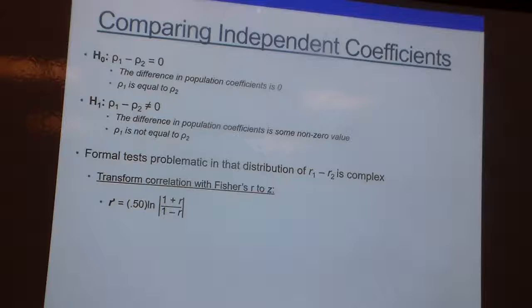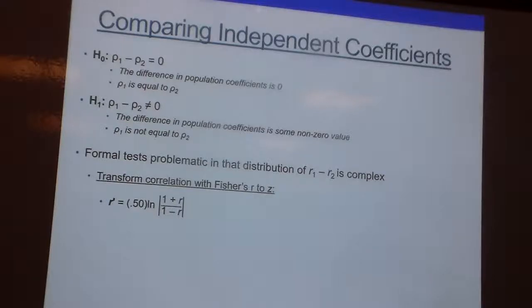Basically, we take our correlation coefficient and transform it into a z-score using this formula. We're not going to call this z because it's not really a z per se. We'll call it r prime for my one group. I'm going to take 0.5 times the natural log of 1 plus my coefficient over 1 minus my coefficient, absolute value, okay? And that's going to give me r prime for my first correlation.